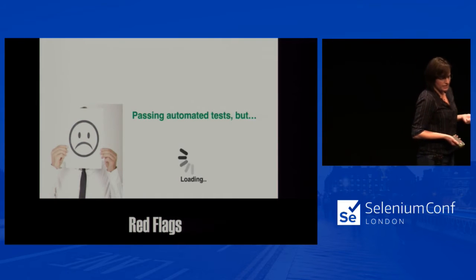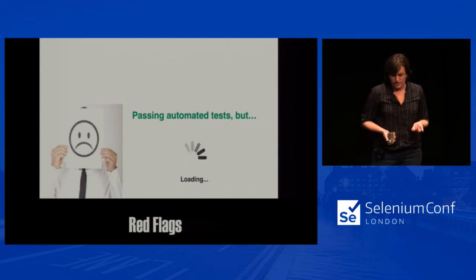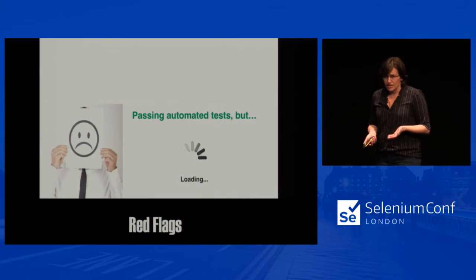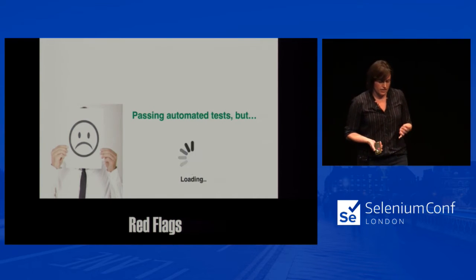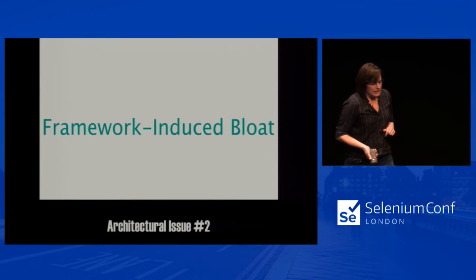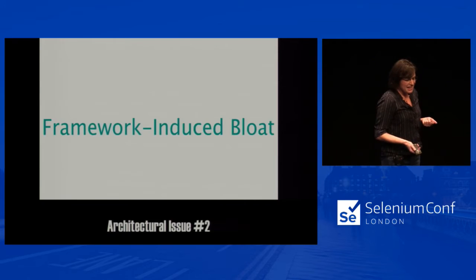They can ignore a lot of the web client specific practices like DOM manipulation, request traffic and size, minimization of the memory footprint, and things like that. And so these issues that are very common in web applications don't necessarily show up in our traditional testing practices. So we're going to call this one framework-induced bloat.